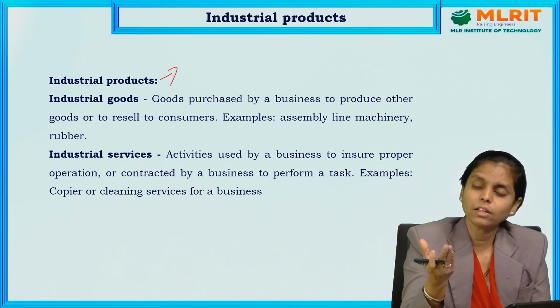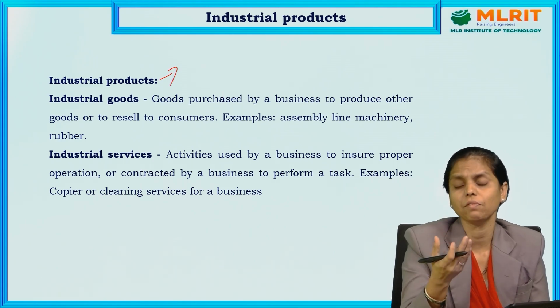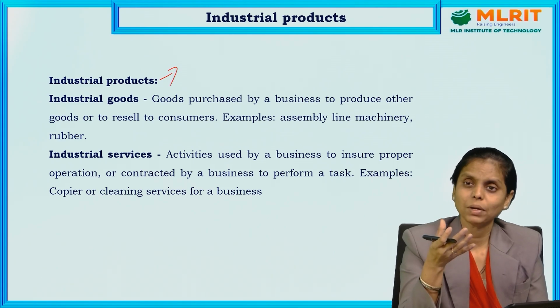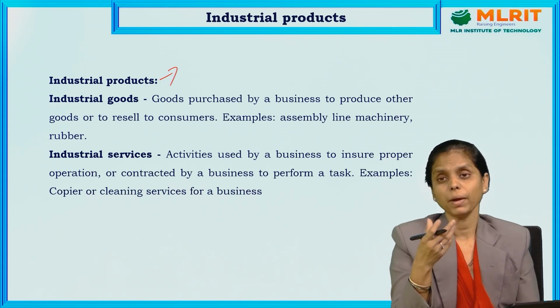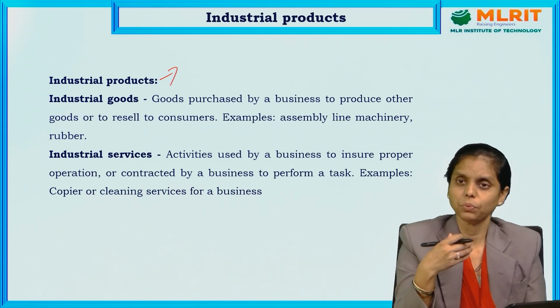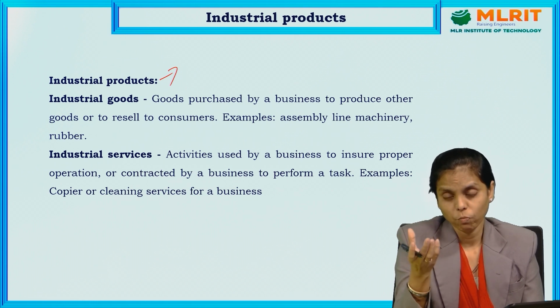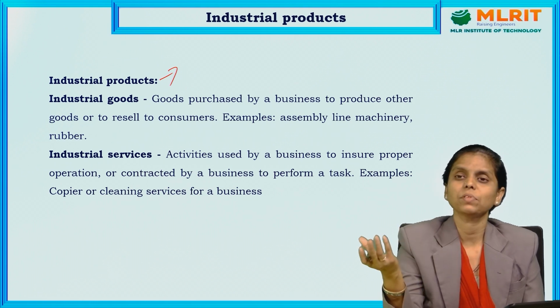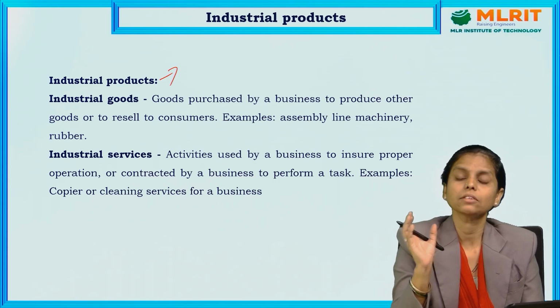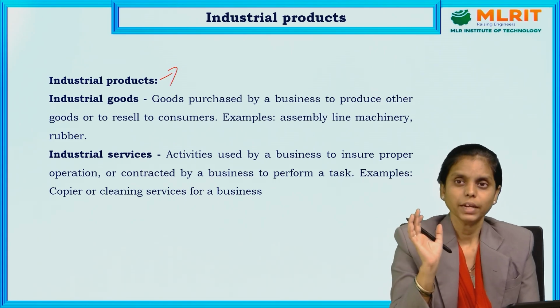Another company has purchased. I myself purchased the wheat from a farmer because I have a wheat flour manufacturing unit. Now, what I am doing is preparing flour from that wheat and selling it into a market. Such types of goods we will call industrial products.